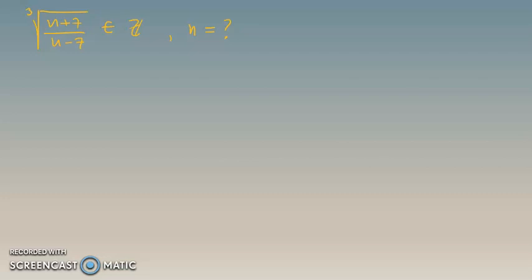So let's make these two notes. n plus 7 over n minus 7 must be an integer. And the second thing is n plus 7 over n minus 7 must be a cube, a cube of an integer.